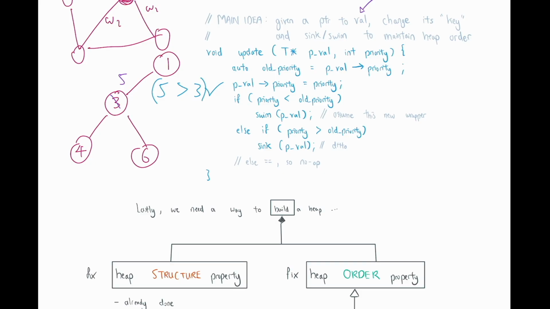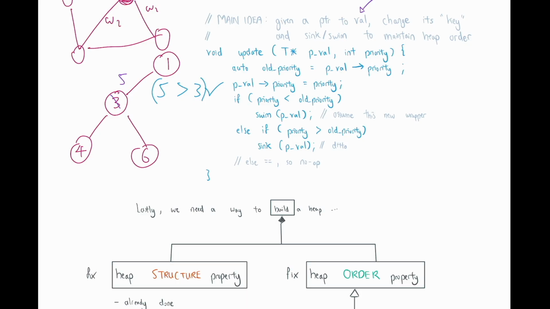After we update, you can see that when we put in an update of 5, this already disrupts the heap property because 5 is greater than 4. So we need to shift this, and the only way to shift it, since it is greater, is to sink it. These conditions are basically testing which case it is.